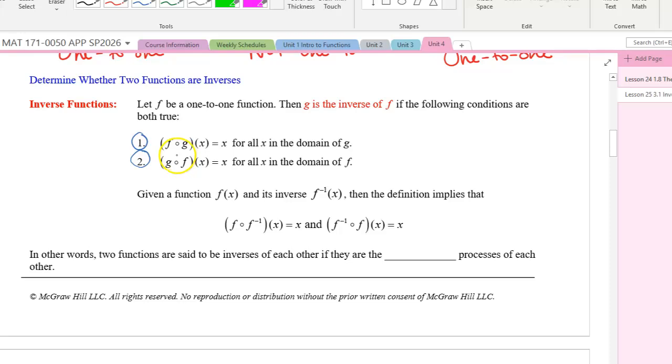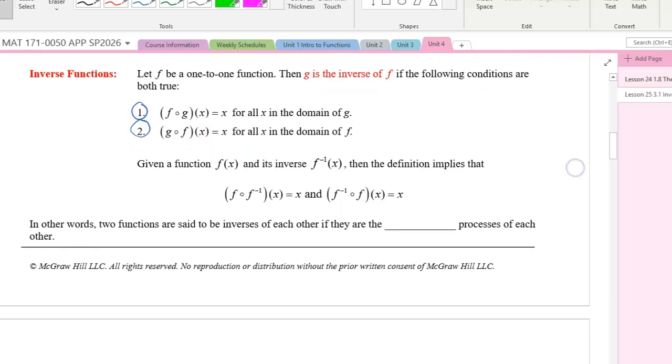But the opposite has to be true. If we start with x and put it in f, then when we put that in g, we wind back up with x. So not only does f undo what g does, but g undoes what f does. And if both of those are true, then we have inverse functions. So in other words, two functions are said to be inverses of each other if they are the reverse processes of each other.